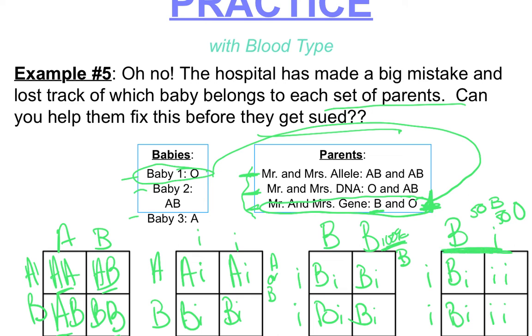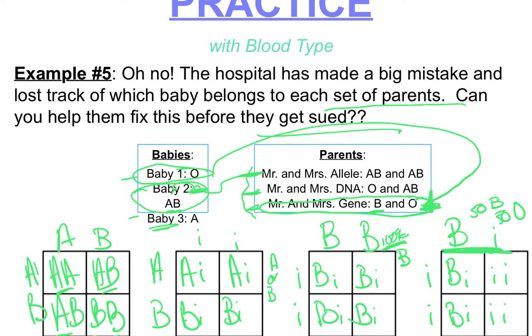All right, baby number 2 is type AB blood. Well, the only option for type AB blood is right here. So couple number 1 right here is baby number 2. They have type AB blood.